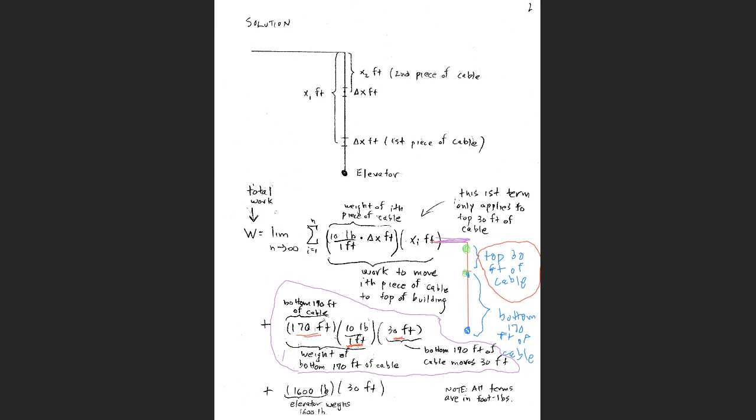Are there any other good questions? Where did the elevator start again in this problem? So in the problem, the elevator starts in the basement, at the very bottom, and it's just getting moved up 30 feet.